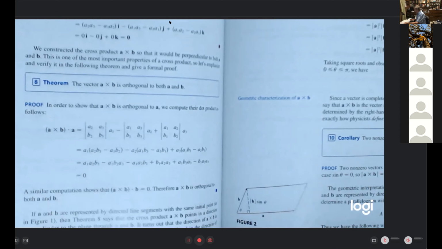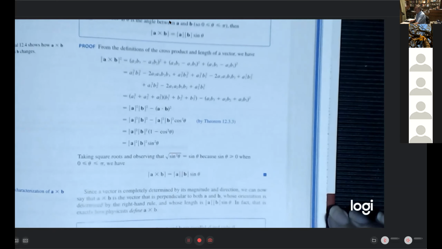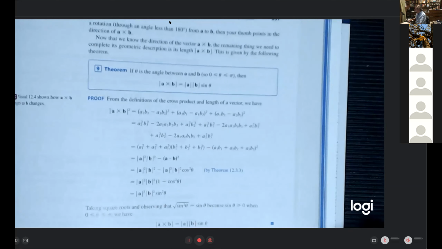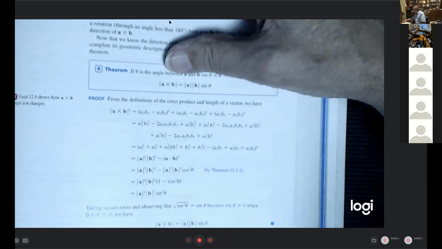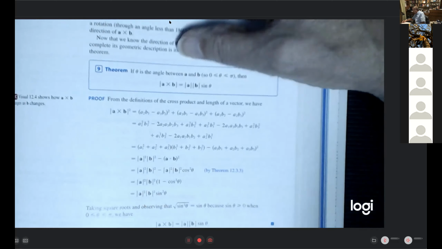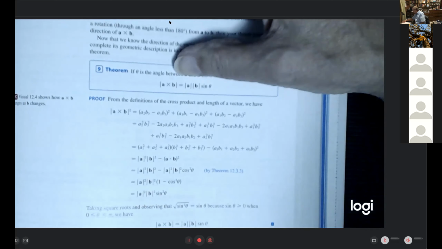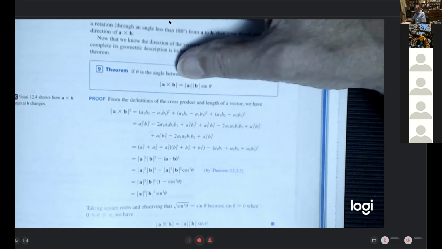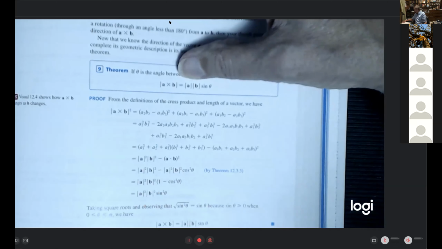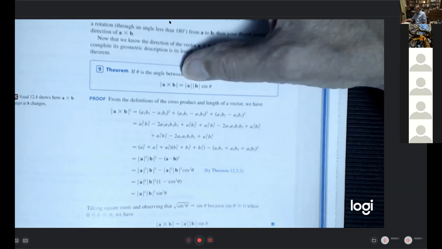Okay? Now, before the book does that, the book brings up this idea we've already talked about, sort of, except what about this thing right here? This looks familiar, but actually it's different. A few pages back in the book, and a few pages back if you read my notes, there was a formula that said the absolute value of A dot B was the norm of A. The author just writes a single line.